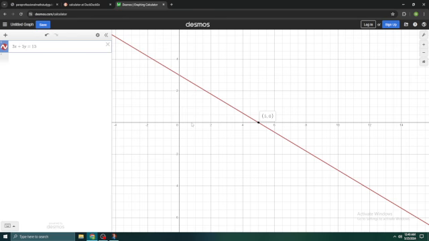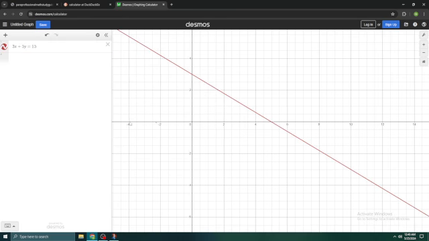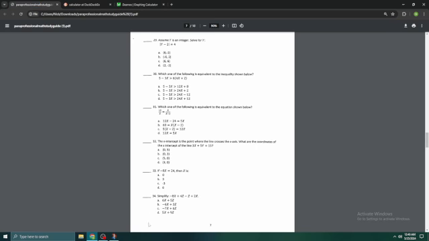Well, if we're crossing this x-axis, notice that we're not up or down at all. We're right on the axis. You could say that we're 0 above or below the x-axis. So that's why we set that equal to 0.